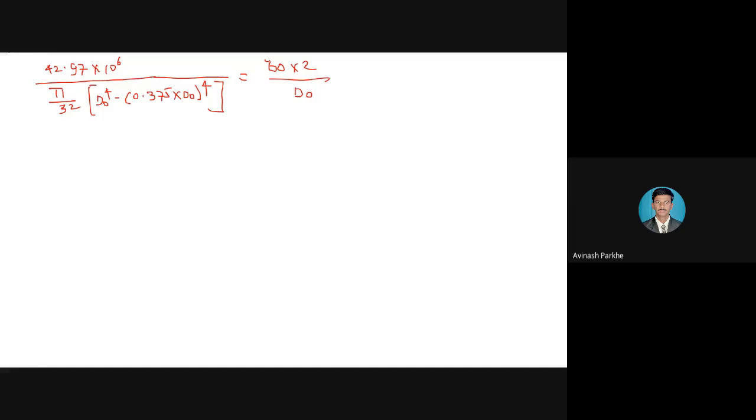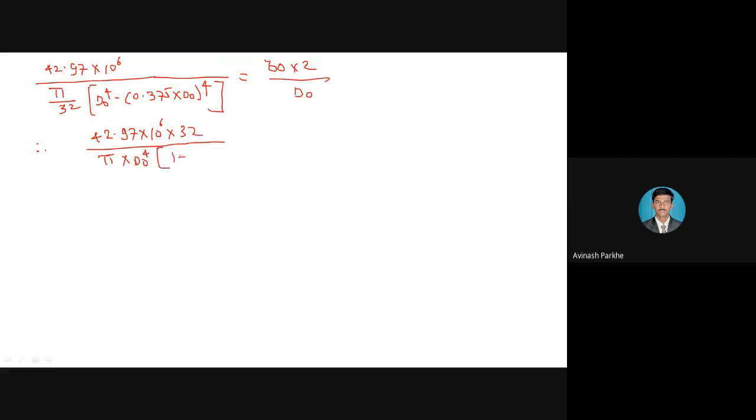And now again more simplification: 42.97 into 10 raised to 6 into 32, divided by pi as it is, into DO raised to 4. I can take DO outside the bracket once again.